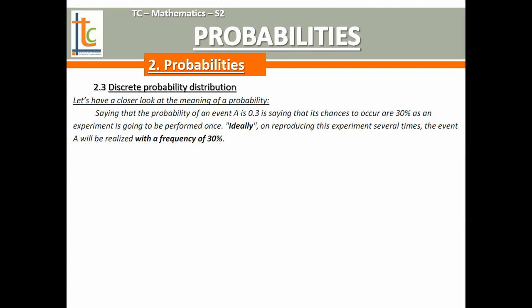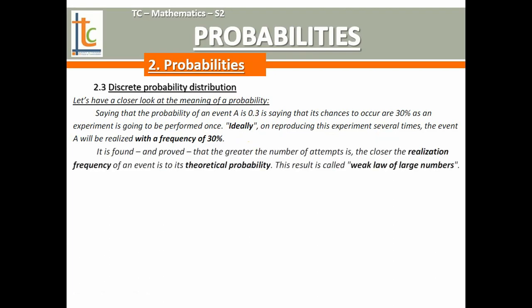It will be very close to this result, and it will be the closer to this result the bigger the number of attempts is. So a probability tells you about an ideal situation after a large number of trials of your experiment.